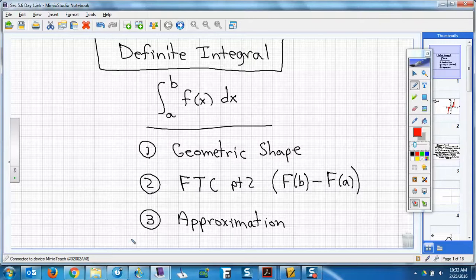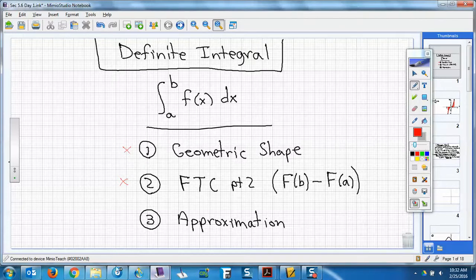We'll have to do it by an integral. But if there's no antiderivative, that rules out that one, right? And do most functions make a geometric shape? No. So therefore, we need to be able to handle integrals where we can't do an antiderivative. And the only way then is by approximation. So we're going to investigate how we approximate these areas.